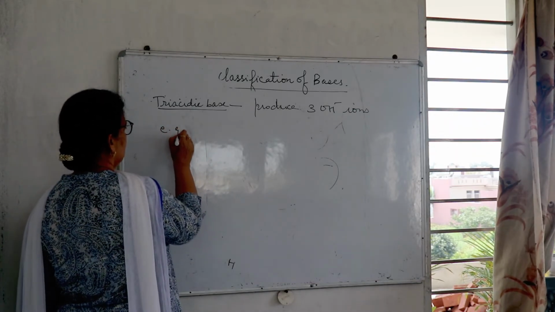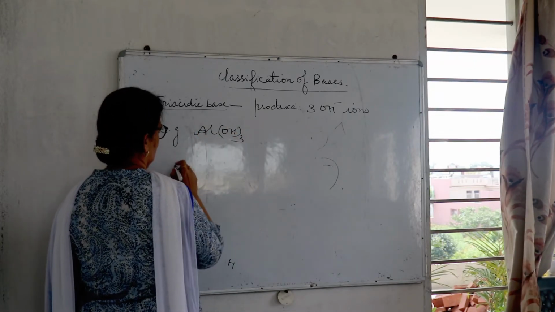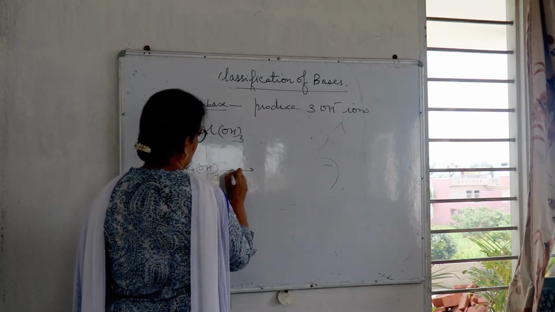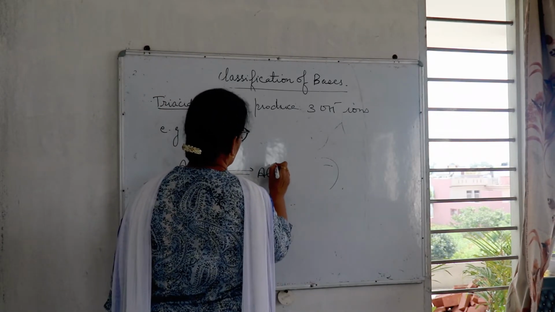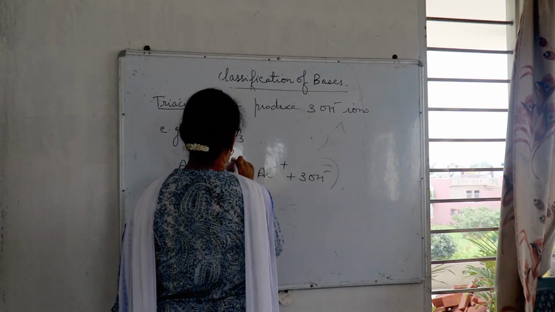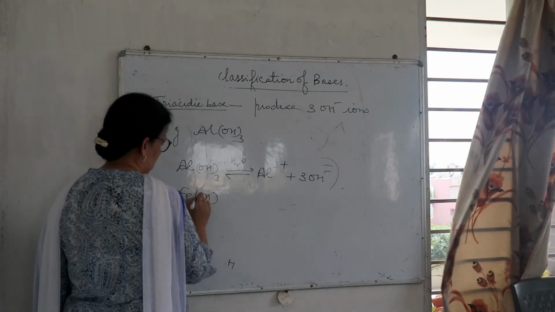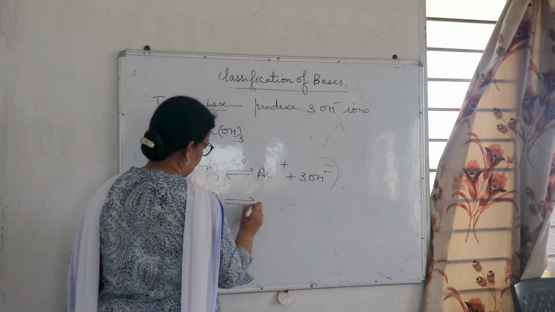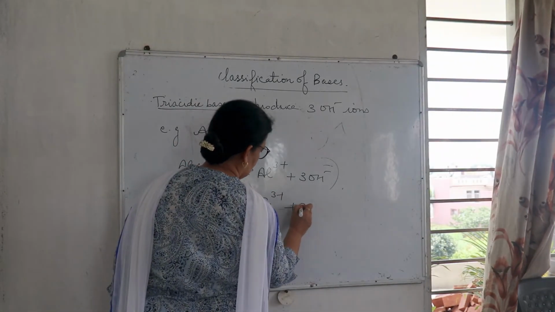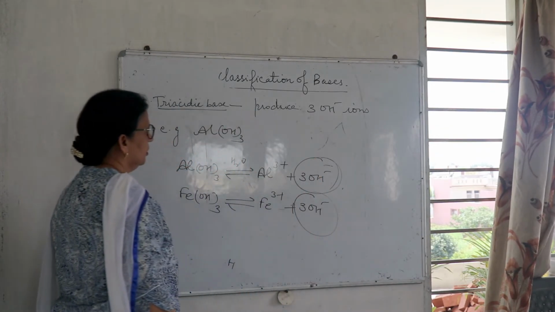For example, aluminium hydroxide, Al(OH)3 gives Al3+ plus 3OH-. In the same way, Fe(OH)3, ferric hydroxide, gives Fe3+ plus 3OH-. So they are giving three hydroxyl ions.